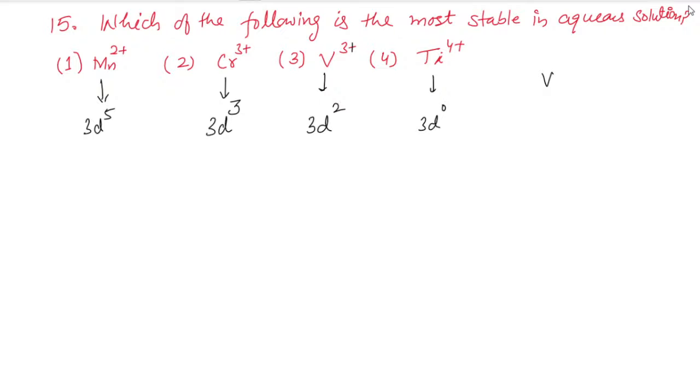Titanium is 4 plus, with titanium 3 plus it is 3d1. Okay. So it should be Mn2 plus, because in aqueous solution it is a symmetrical arrangement of d5. So obviously Mn2 plus is more stable. Yes, beta, right.